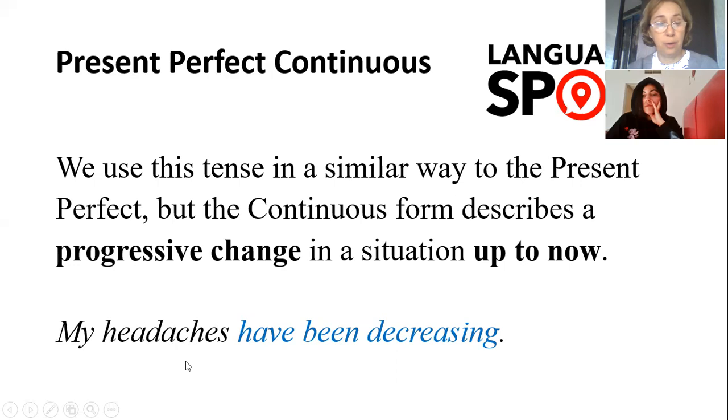I was taking the painkillers for 3 days, and my headaches have been decreasing for the last 3 days. So the focus is not only on the result, but also on the progressive change, the process. This is the meaning of the present perfect continuous tense.